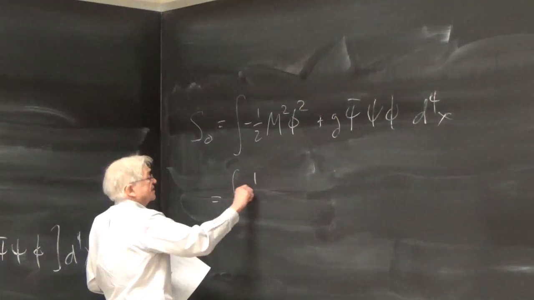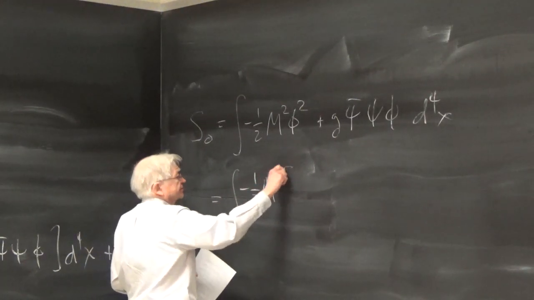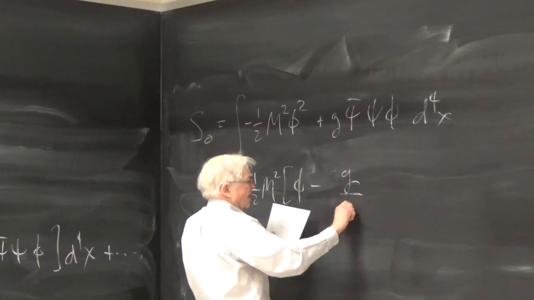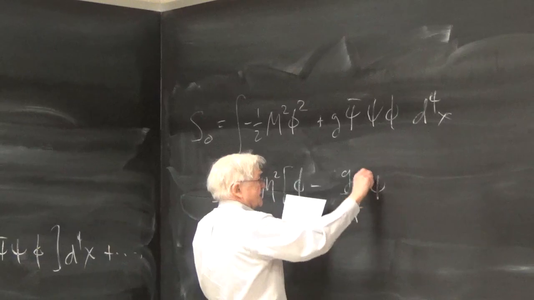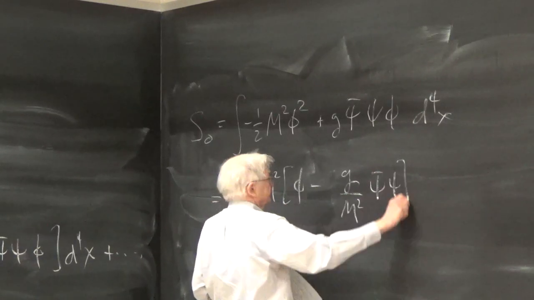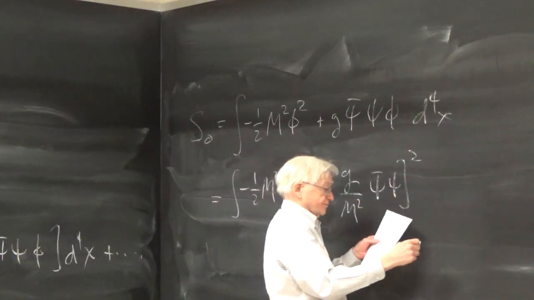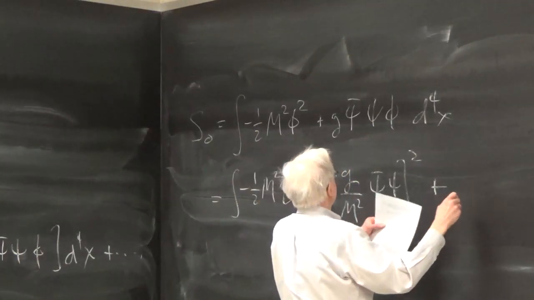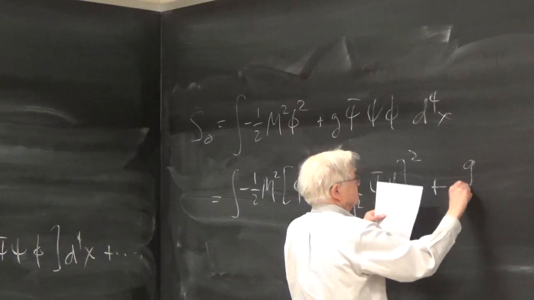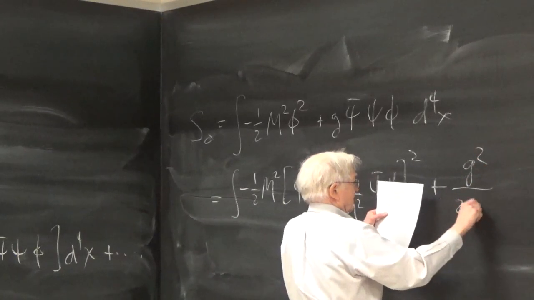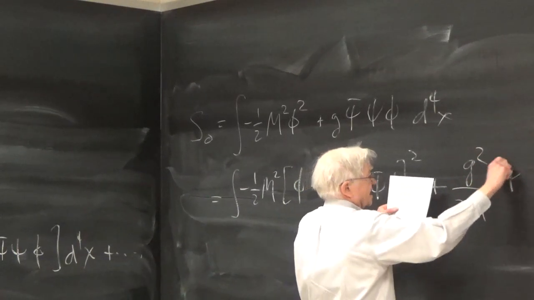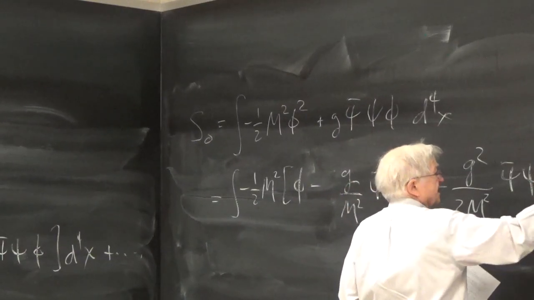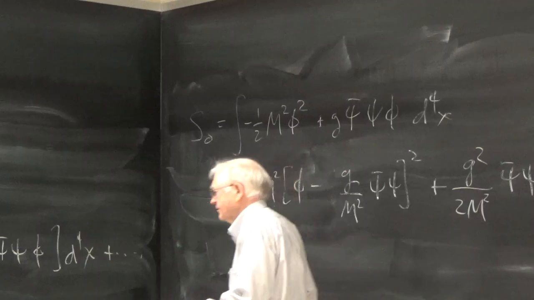And so what we have is minus a half M squared times φ minus g over M squared ψ bar ψ, squared. And then we have to compensate for this term. And so what we get here is g squared over 2M squared ψ bar ψ, squared, altogether d4x.